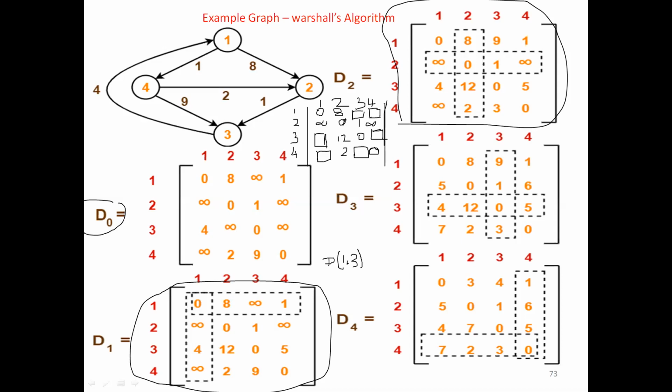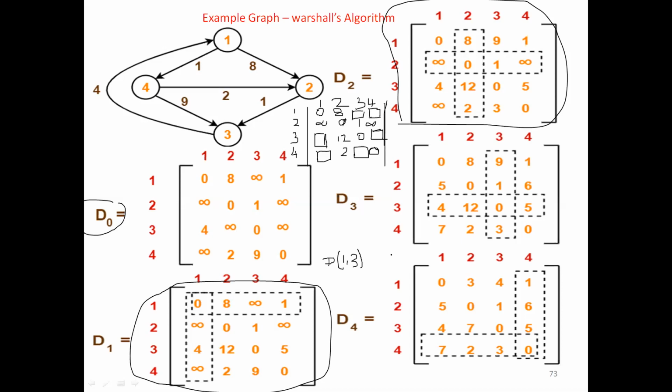Since the second vertex is the intermediate, I am including 2 between 1 and 3. It means reaching 3 via 2.